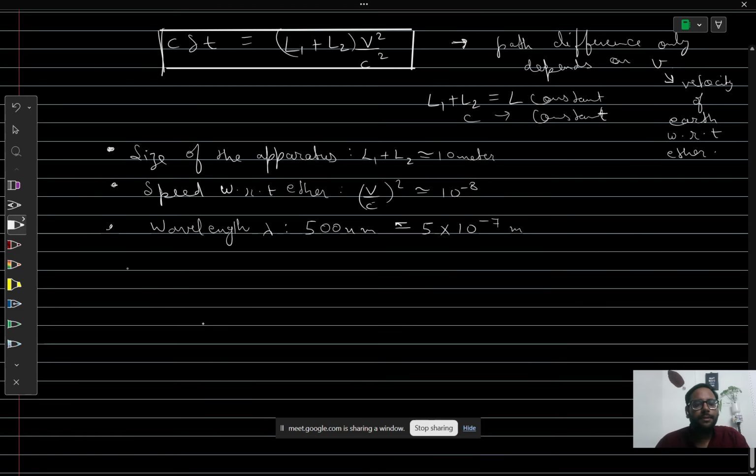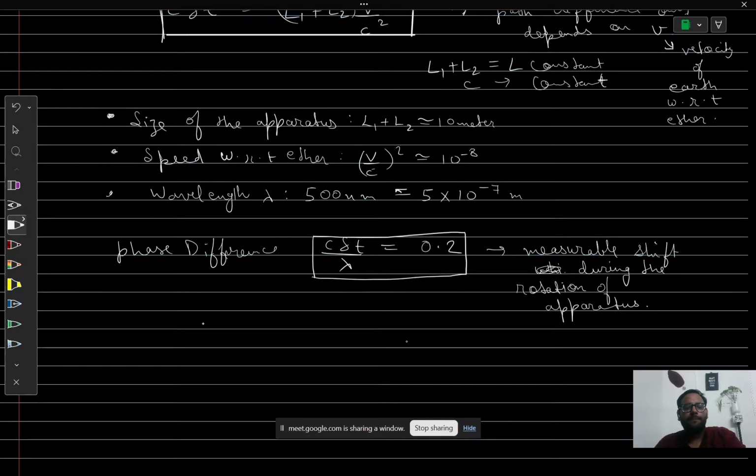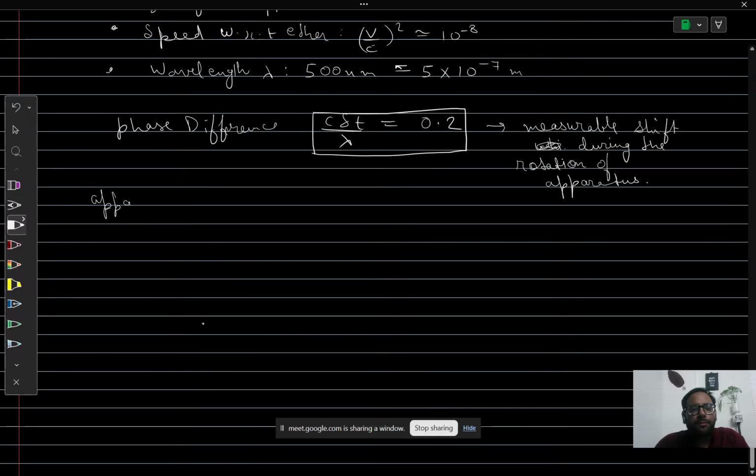You see the phase difference, if I calculate it, c delta t with respect to lambda, I will get about 0.2, and this is a measurable shift during the rotation of the apparatus. The Michelson-Morley apparatus was sensitive up to, according to Michelson, it could detect up to like 0.01.